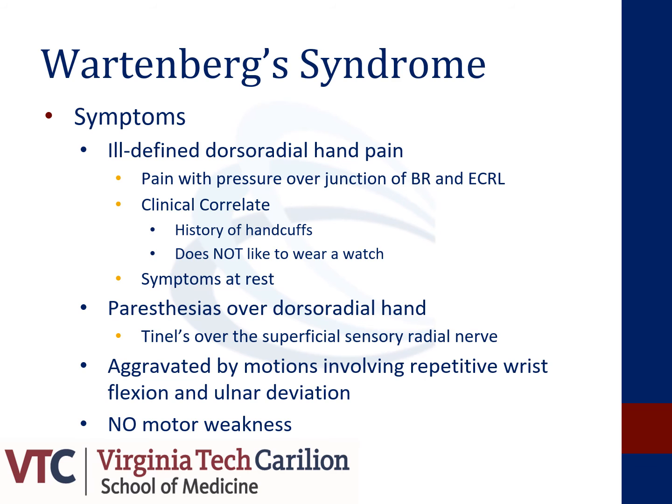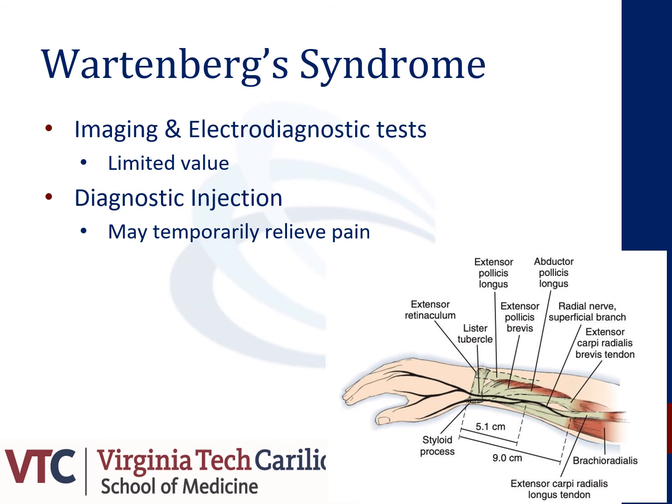It is important to listen to the clinical history and pay attention to the aggravating factors on exam, as that is critical to distinguishing this entity from de Quervain's tenosynovitis and intersection syndrome. With regards to imaging and electrodiagnostic tests, they are of limited value. As has previously been discussed, electrodiagnostic tests are of limited value secondary to the lack of large myelinated fiber involvement.